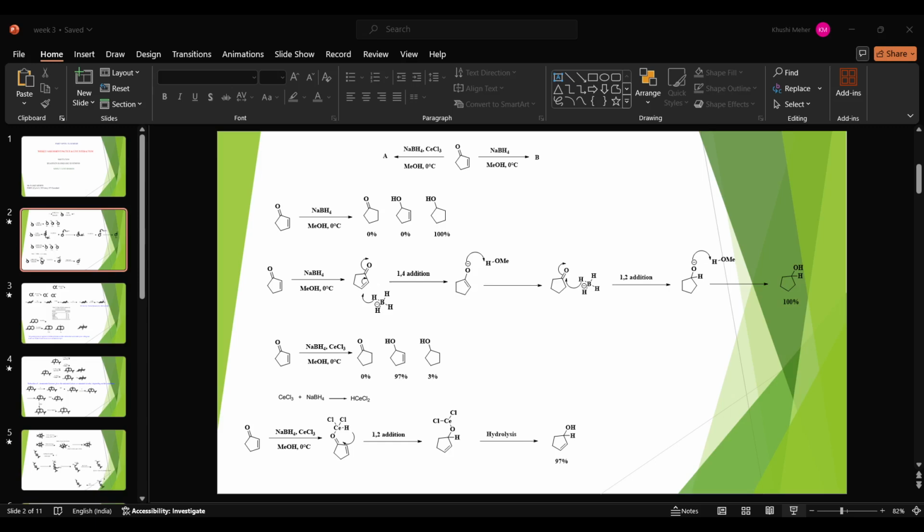Okay, it's not hydroxy, it's the alcohol. But in the presence of only sodium borohydride, in case B, which product will we get? Only ketones.